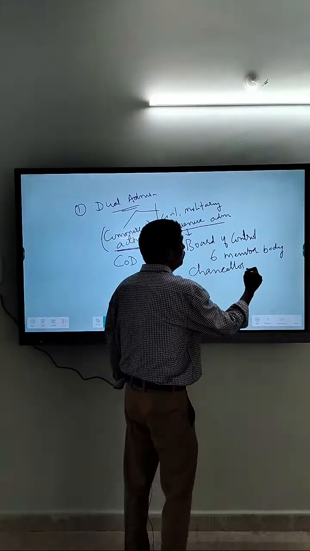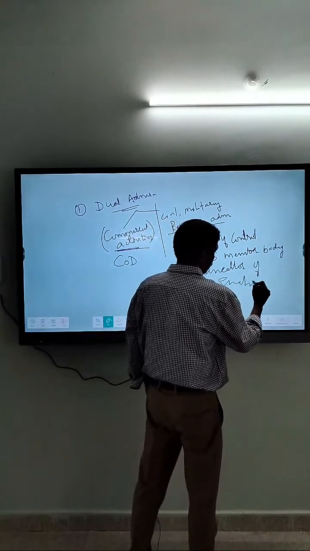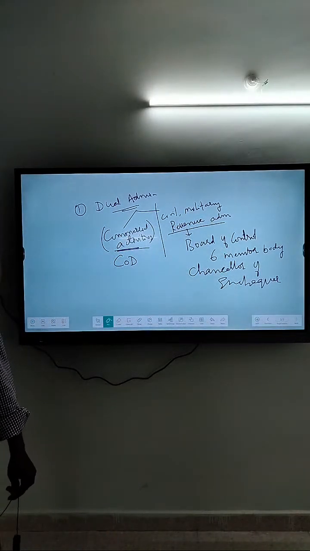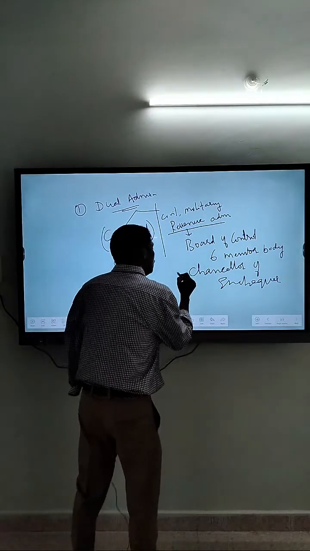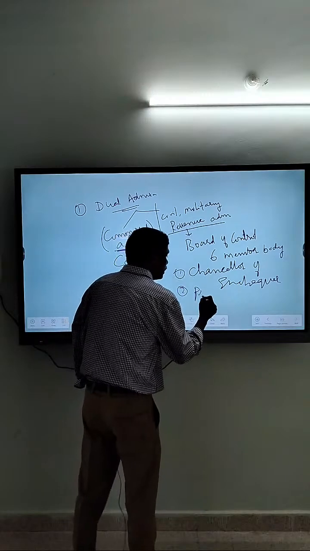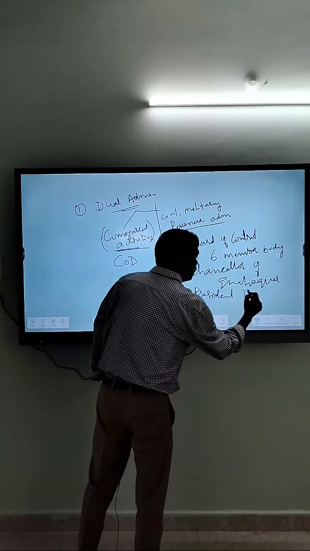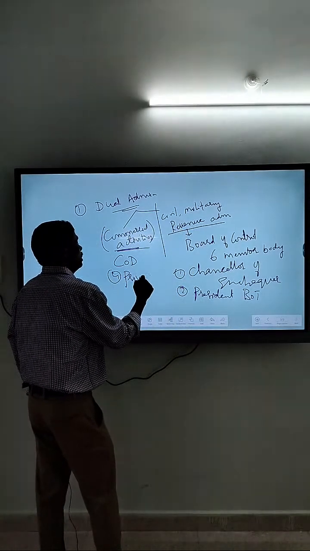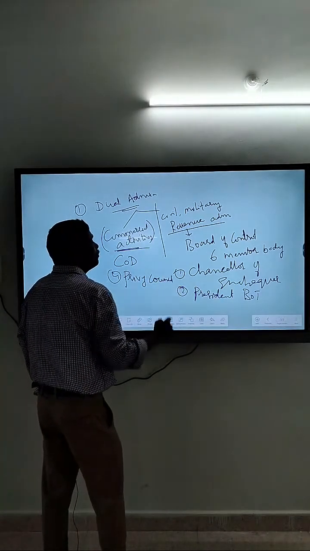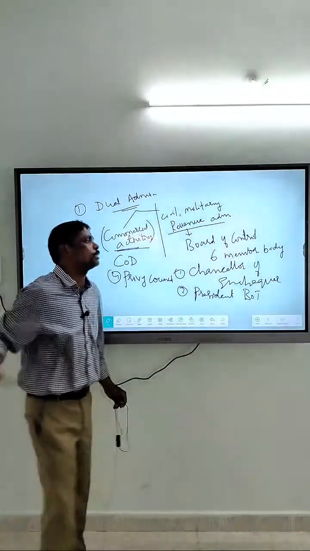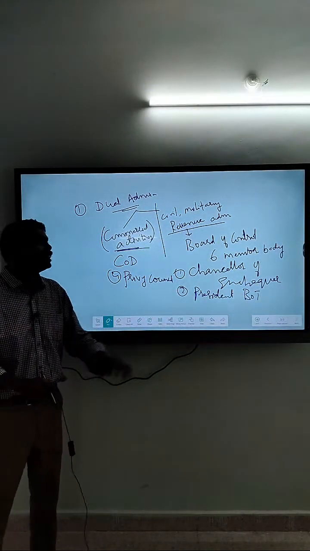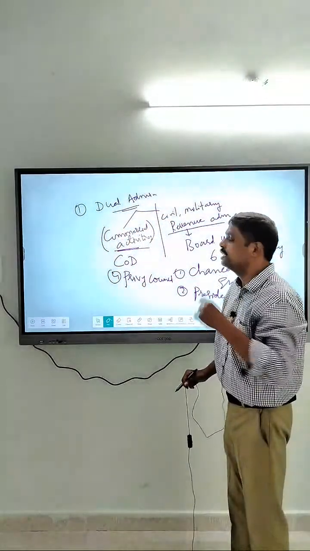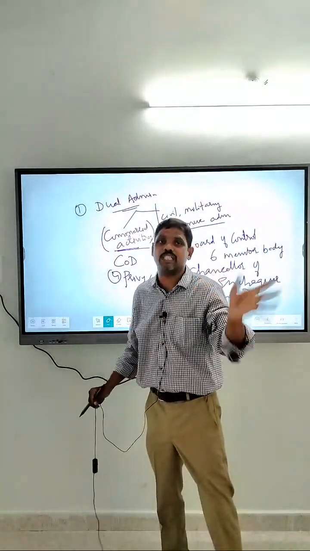So there are a total of 6 members in the Board of Control. This Board of Control was made responsible for civil, military and revenue administration.